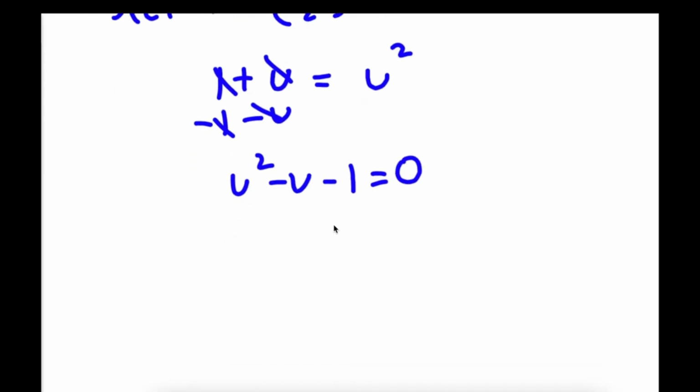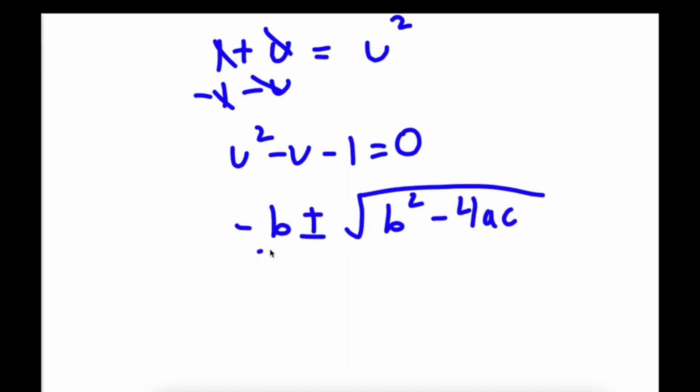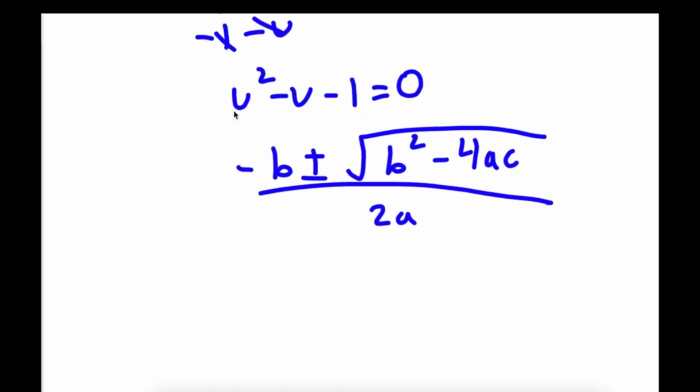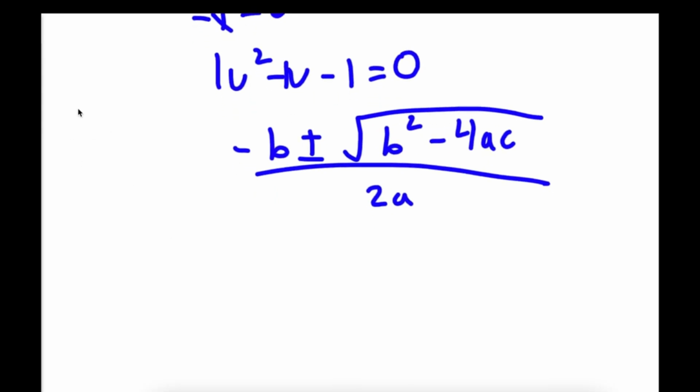Now I need to plug this into the quadratic formula, which is, if you didn't already know, negative b plus or minus the square root of b squared minus 4ac, all over 2a. So in this case, the coefficient in front of u squared is 1, this is negative 1, and this is negative 1. So a is equal to 1, b is equal to negative 1, and c is equal to negative 1.